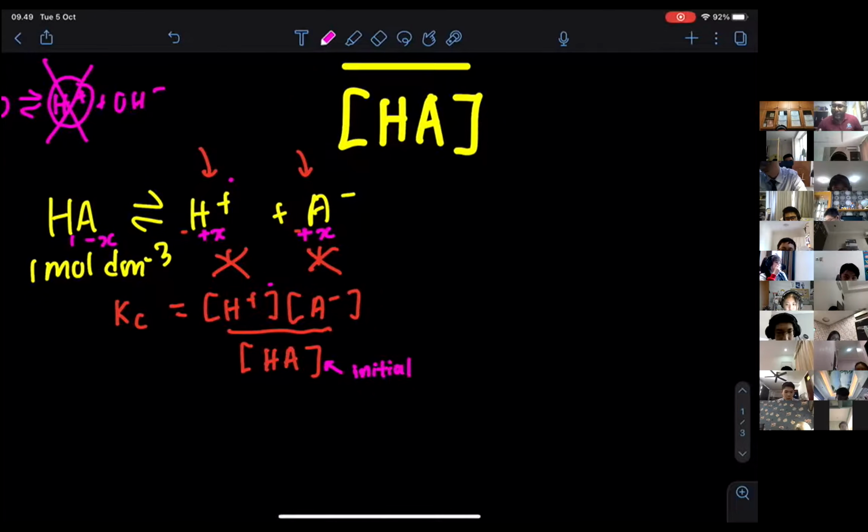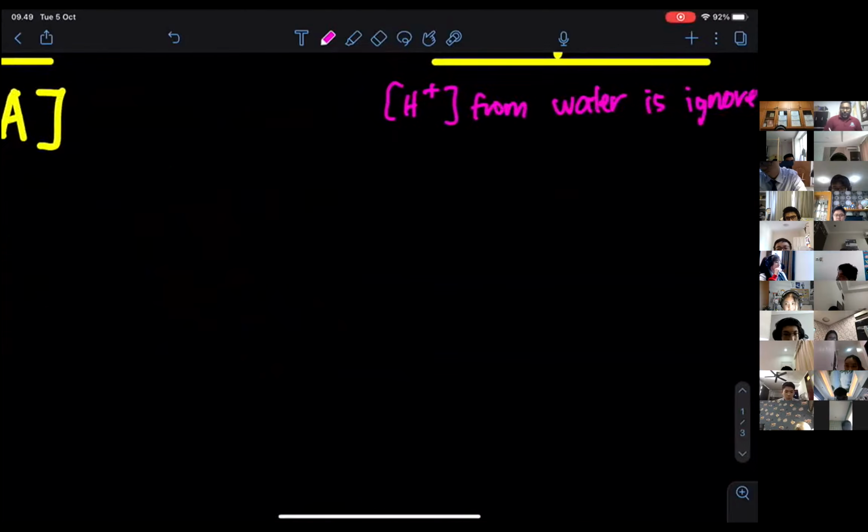I know that weak acids dissociate partially, so at equilibrium they are supposed to have less than the initial concentration. But our assumption is that we use the initial concentration of HA, because the amount of the acid that is ionized is too little.